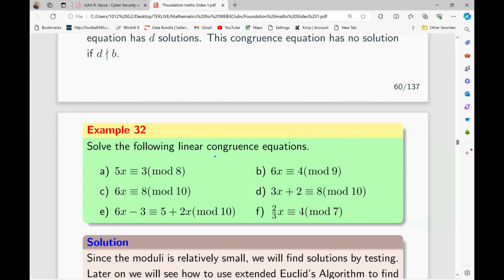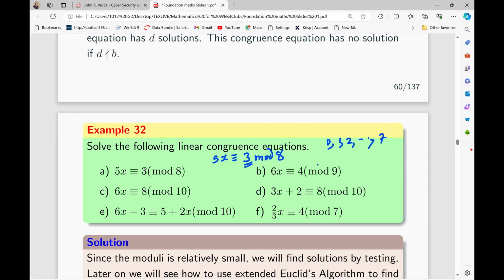Is it hard just to tell it that I want a number between 0, 1, 2, all the way up to 7, which when it replaces this x and then the result multiplied by 5, divided by 8, the remainder will be 3?